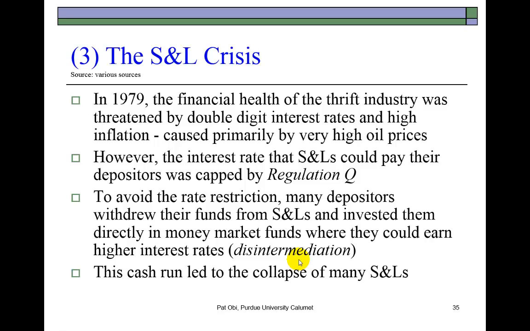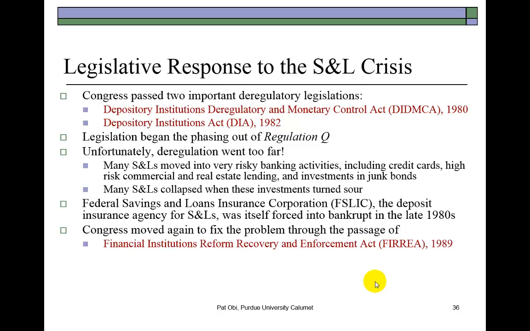So the huge pullout of money from these S&Ls led to the collapse of many of these institutions. So we had a crisis because then many depositors were losing their money. There wasn't necessarily a deposit insurance to the point where a maximum deposit could be protected.